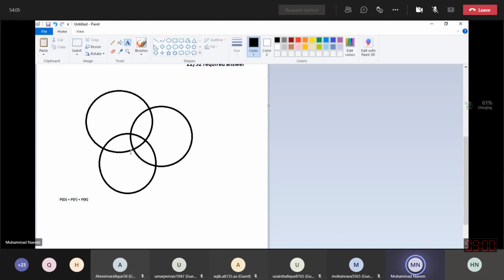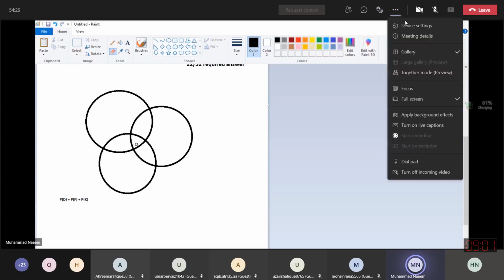So now we avoid the repetition. How can we avoid? Remember, here we have in this portion two layers. Here we have two layers. Here we have two layers. And in the center we have three layers.